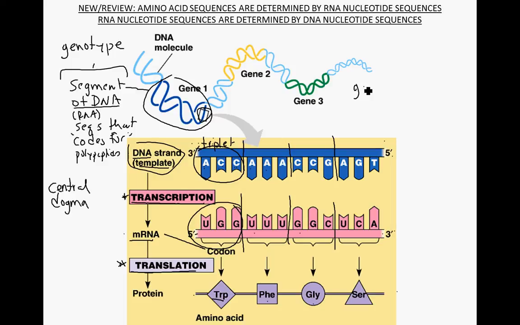So if you're talking about someone's genotype, you're referring to the specific set of sequences of DNA. Right? So genotypes then code for phenotypes. That is the amino acid sequence that is going to then determine how that protein, that polypeptide, forms up.